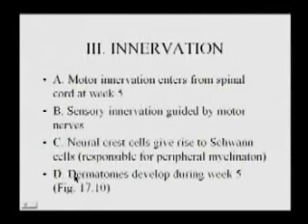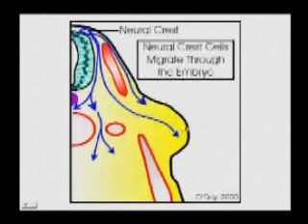And dermatomes, these are slices or toma of the skin, the derma, that represent this cutaneous sensory innervation, and that will develop during week 5 as well. So as the motor innervation goes in, the motor sensory innervation goes with it, as well as the cutaneous sensory innervation. And we'll look at figure 17.10 to look at that dermatome development in just a moment.